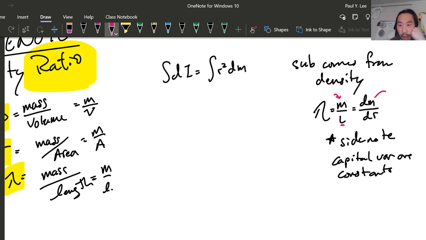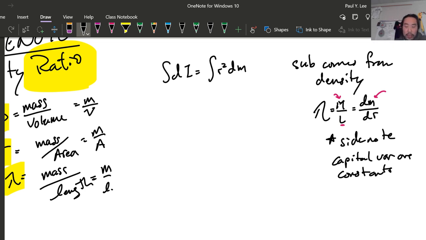Well, let me write a bit better. There we go. All right, so let's make this capital M, and this is a lowercase m. And so for physics and a lot of times for math, we use the lowercase letters to represent a variable. So this dm is a tiny bit of this capital M, okay? And this dr is a tiny length of this rod, all right?